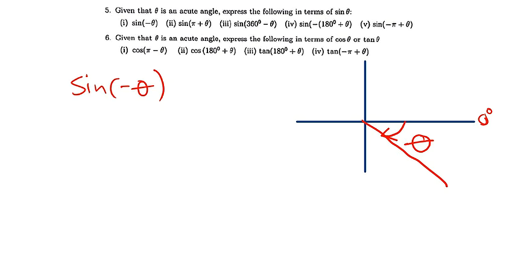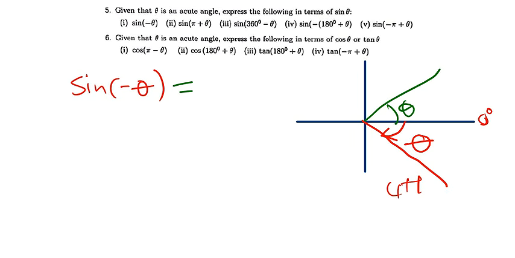Now why am I ending within the fourth quadrant? The reason is simple: because it's an acute angle, it can't go beyond 90, so it's within the fourth quadrant. And so it's very easy to find the reference angle in the first quadrant. It's going to be of the same magnitude, theta.